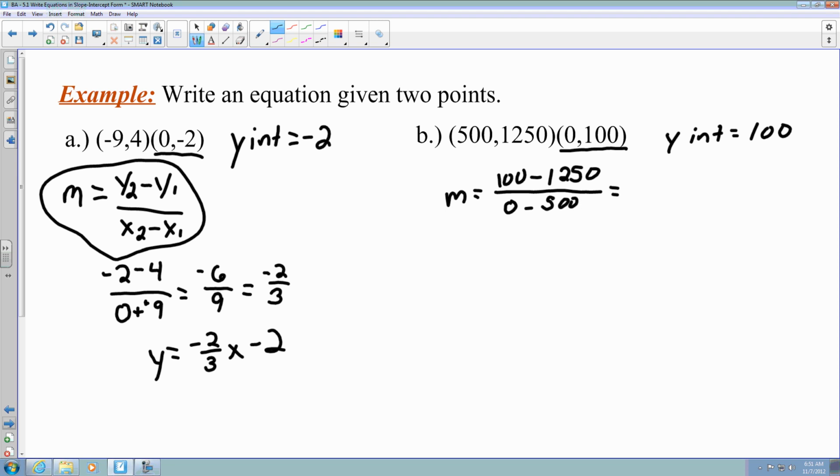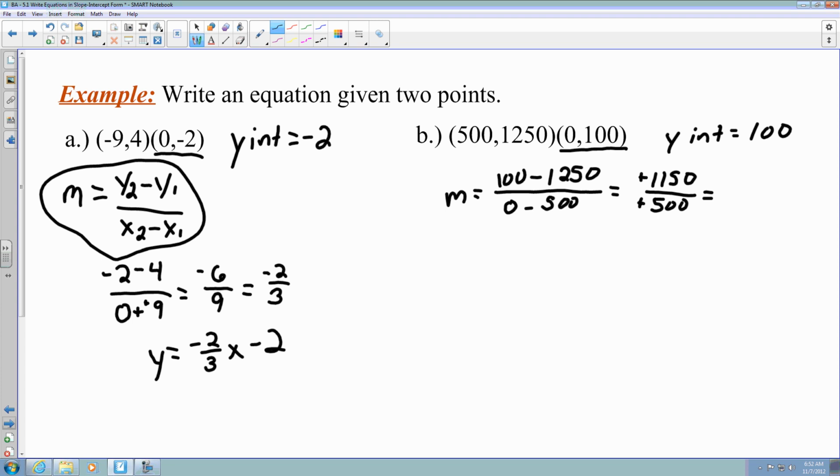So 100 minus 1,250 will give you negative 1,150 over 0 minus 500. That gives you a negative 500. And since I have a negative over a negative, I can make those positive. And let's put this into lowest terms. You can divide both of them by 50.